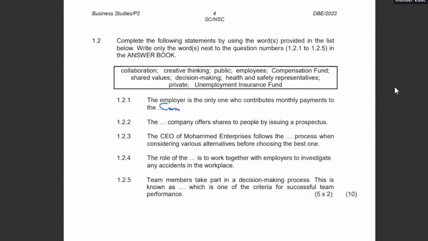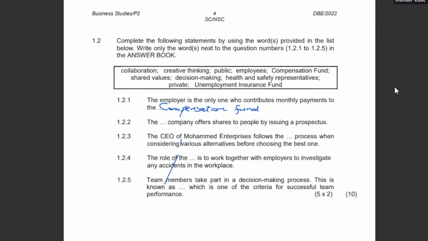So all in all, the institution will contribute something like 2%. But when it comes to the compensation fund, only the employer contributes. So the correct answer here is compensation fund.